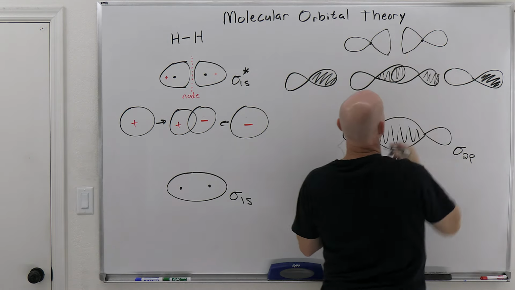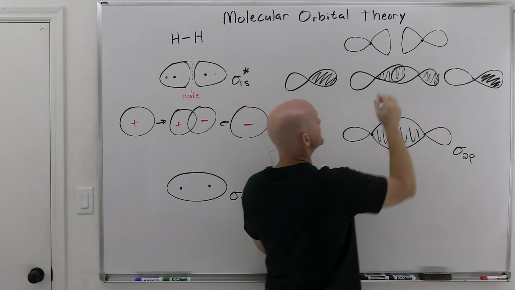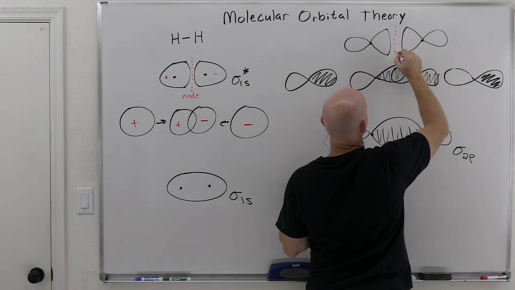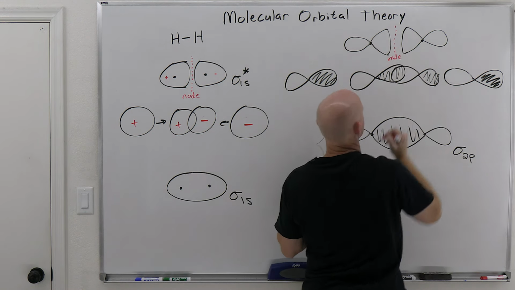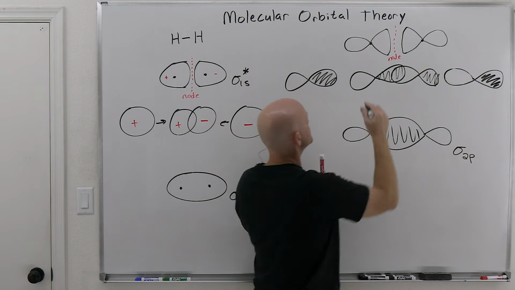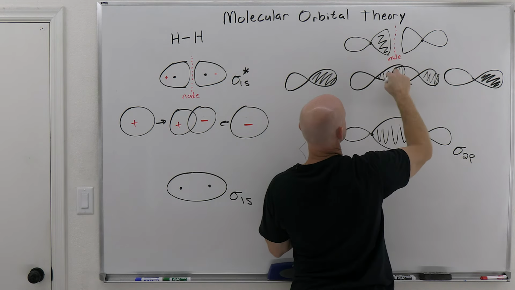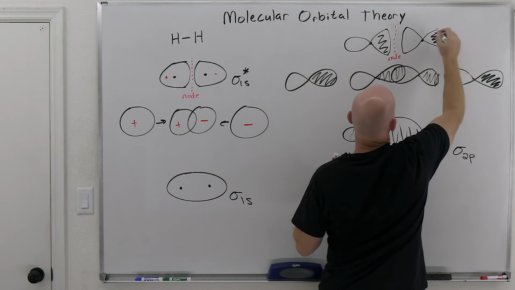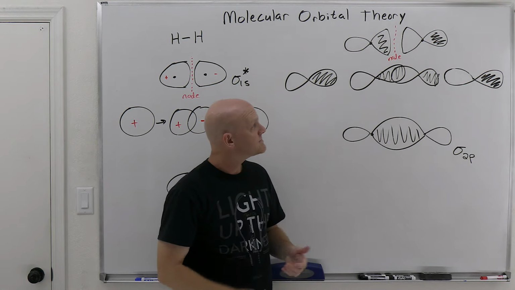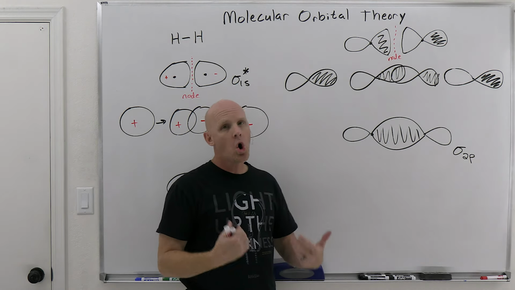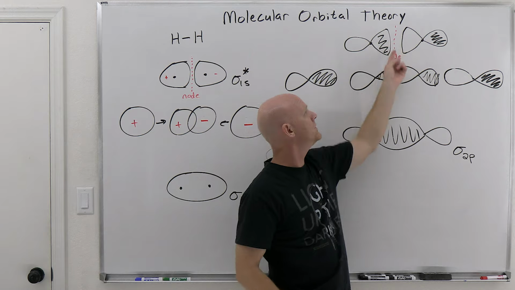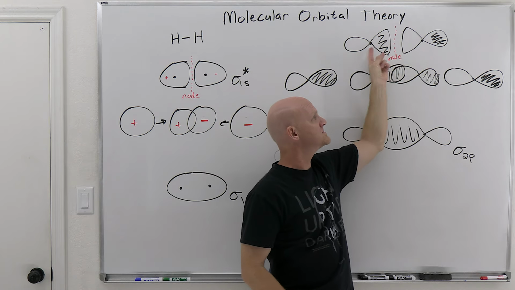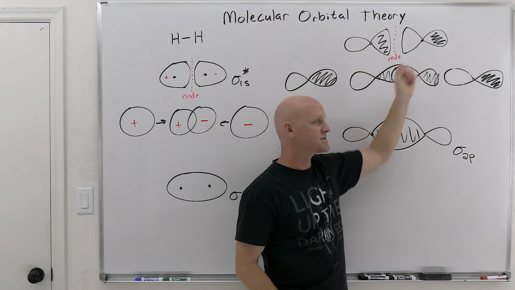It's not a perfect drawing, but suffice to say, we can see the creation of the new node. And if we show the shading, we go from not shading to shading to not shading to shading. With the antibonding molecular orbital, destructive overlap is always going to lead to the creation of a new node right between the 2 nuclei, along that internuclear axis, we say.